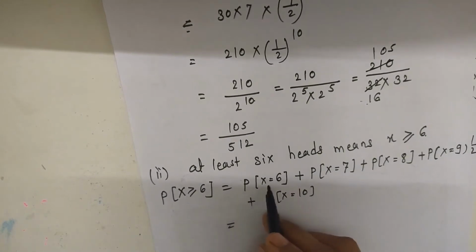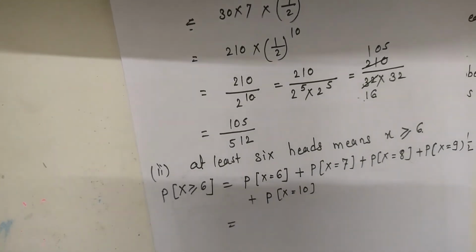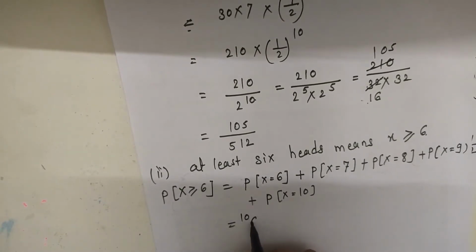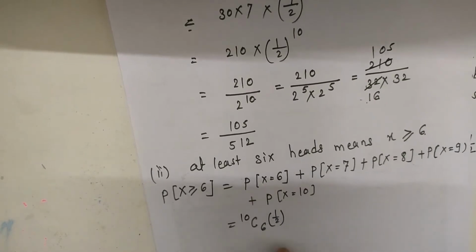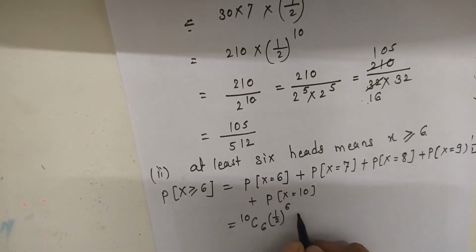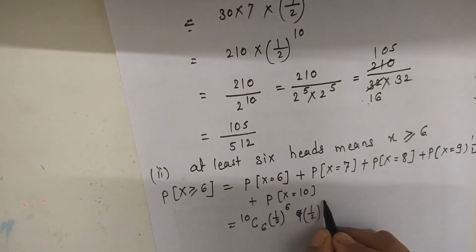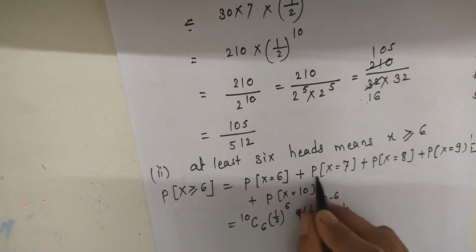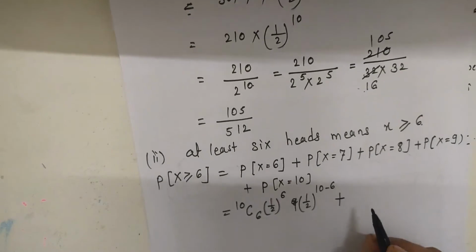Now the probability for x is equal to 6 is 10c6 (half raised to p raised to x means half raised to 6) into q raised to n minus x, q means half raised to 10 minus 6. Now the next probability for x is equal to 7.